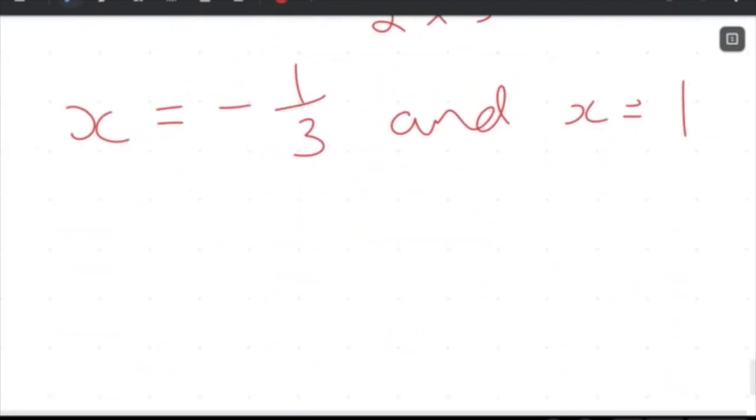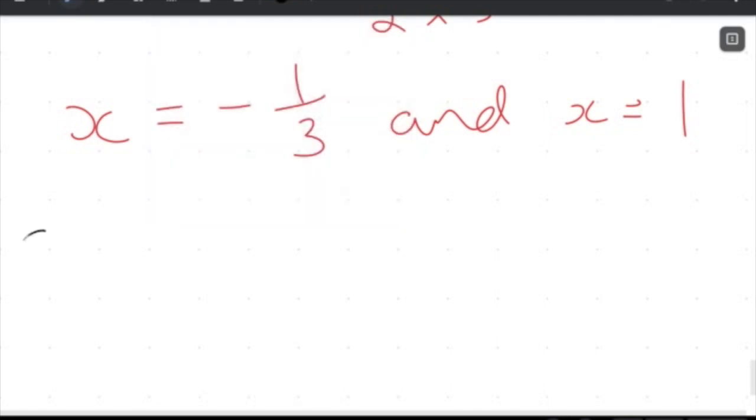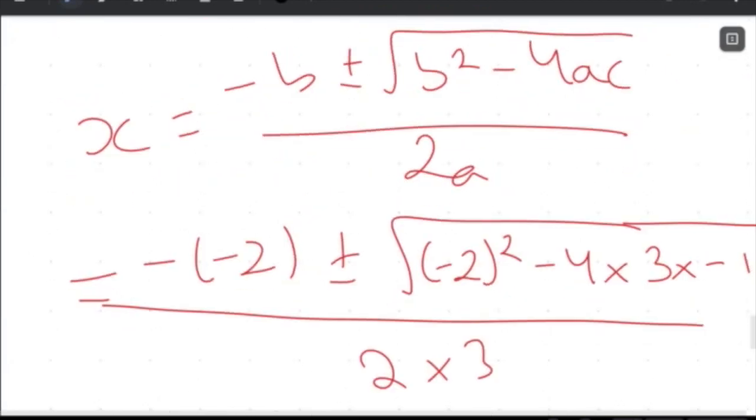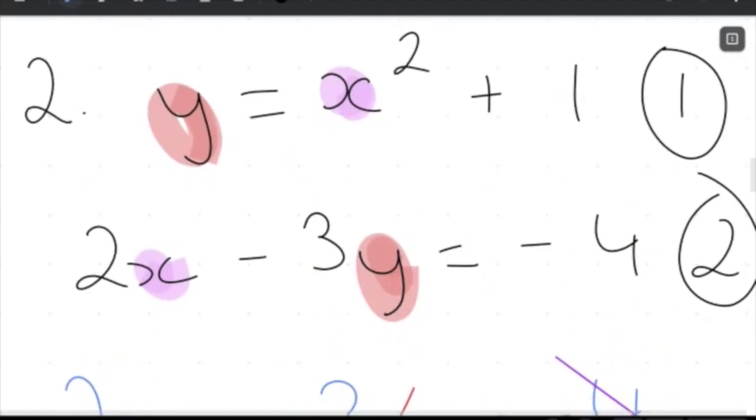And now we have the two x coordinates. So what we want to do is sub x equals negative 1/3 and x equals 1 into one of our equations. So we usually go for the path of least resistance here. I'm actually going to go to equation 1 because there's a lot less fiddling around and moving the equation around.